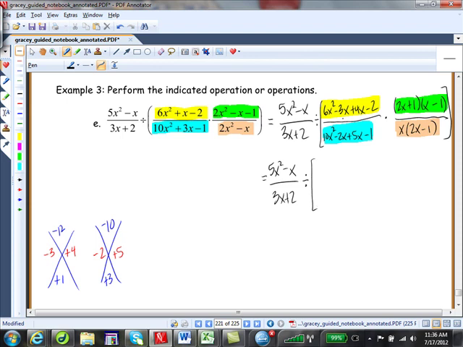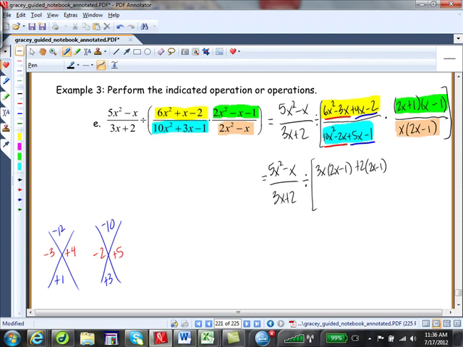We can factor out, so here we'll have the red groups and the blue groups. So we're still factoring by grouping on that first one. So I can factor out a 3x and I'm left with 2x minus 1. I can factor out a positive 2 and I'm left with 2x minus 1.